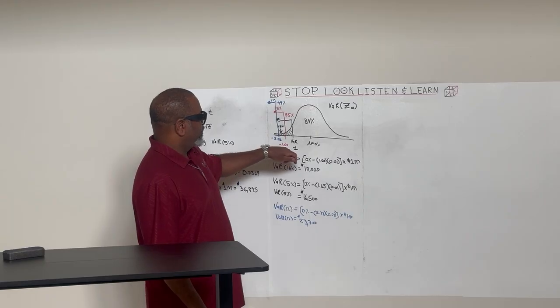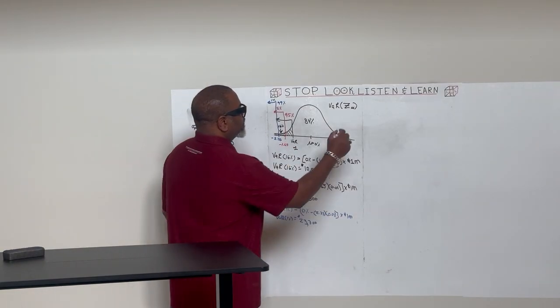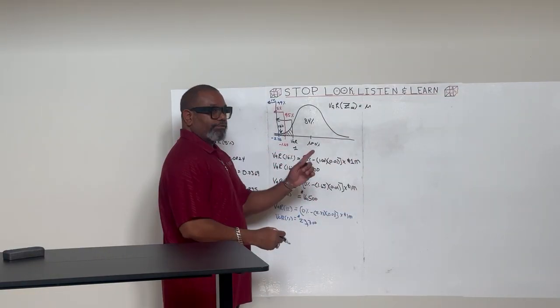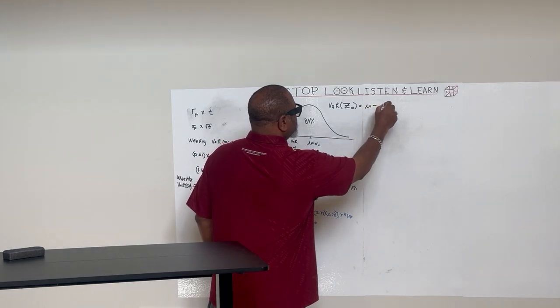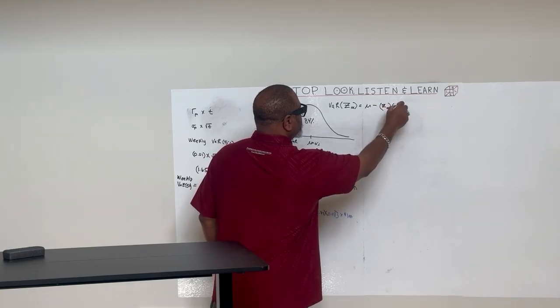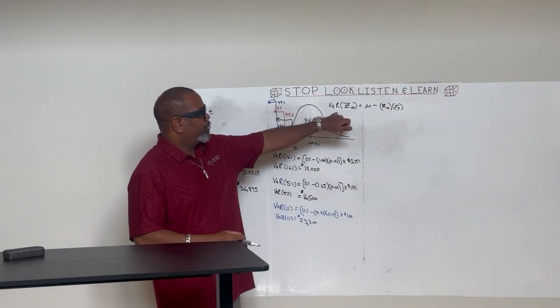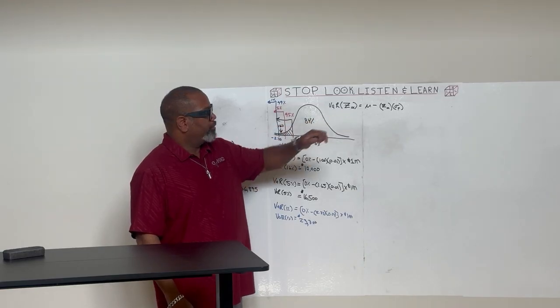And in that case, the z-score would be negative 1.65. And so that would be equal to the expected return minus the z-score based on the level of significance times the standard deviation. And that is the formula that you use to determine what the VaR is.